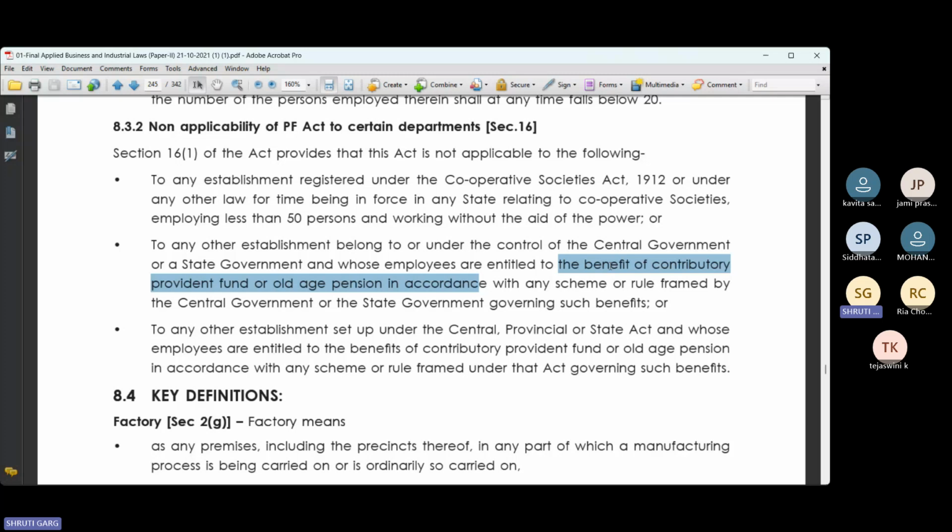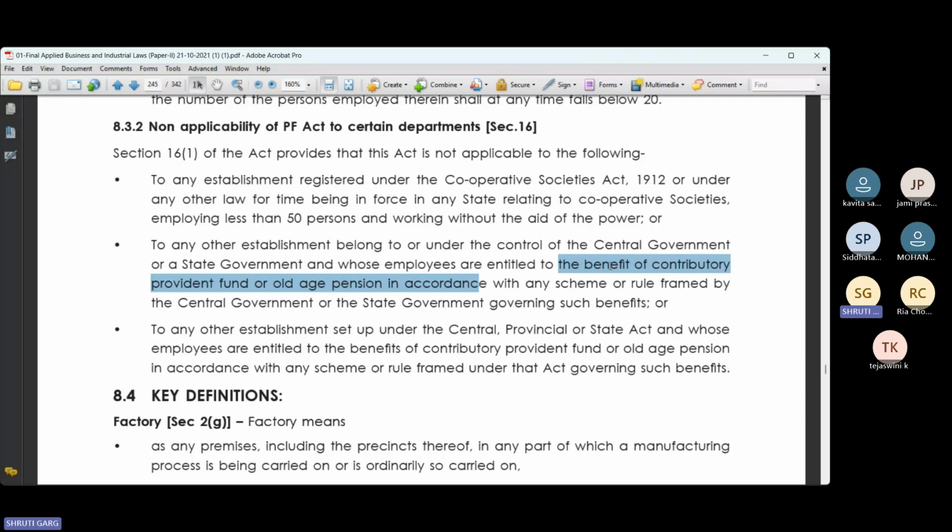Basically, those establishments which belong to the governments already take the benefit of the old age pension scheme or the provident fund scheme run by the central government only, right? They cannot take the provident fund scheme benefit. It will be a dual benefit, na?